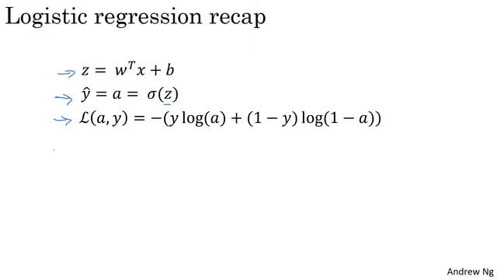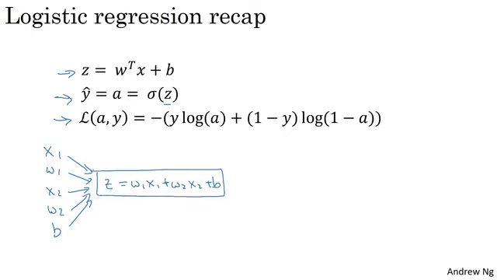And for this example, let's say we have only two features, x1 and x2. So in order to compute z, we'll need to input w1, w2, and b in addition to the feature values x1 and x2. So these things in our computation graph get used to compute z, which is w1 x1 plus w2 x2 plus b.